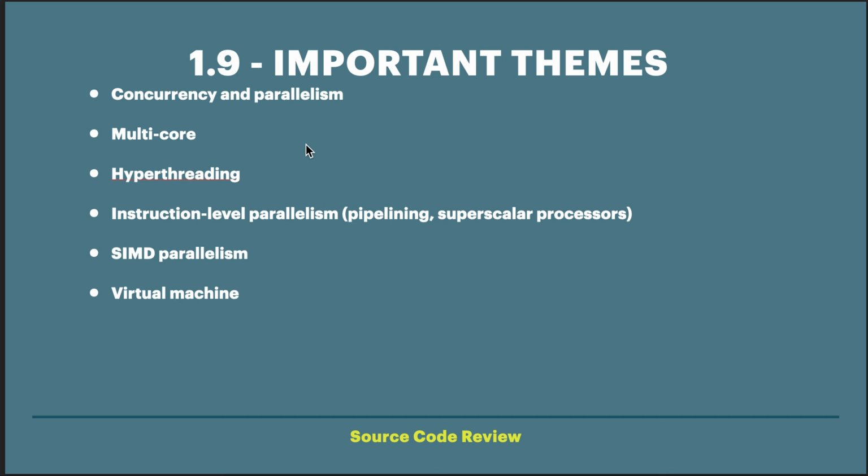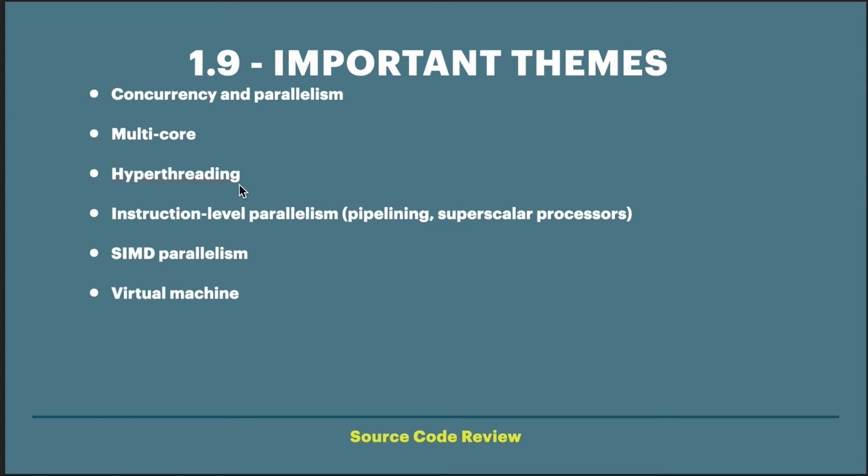Multi-core, I already discussed. It's a single processor with multiple ALUs and everything else a CPU would need. Take what a CPU needs, times it by 4, and boom, you have a multi-core processor. Hyperthreading is the idea that one core can actually execute two things simultaneously.